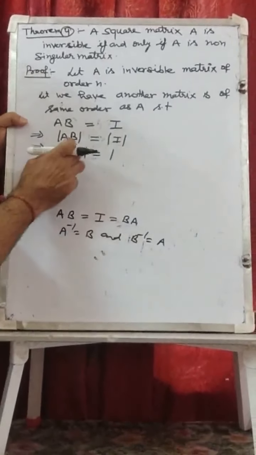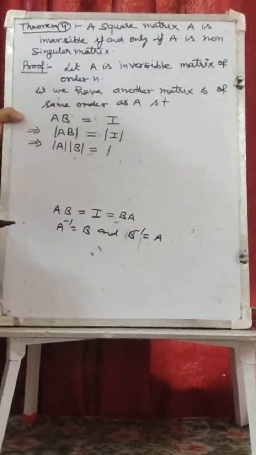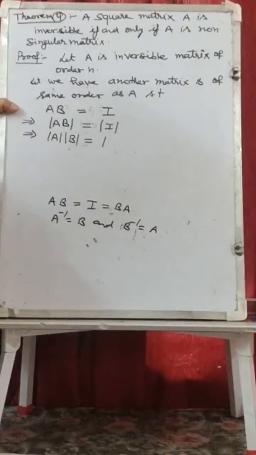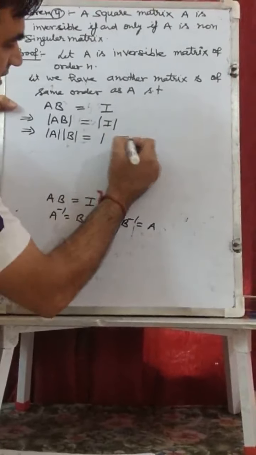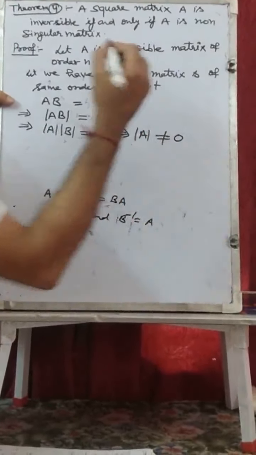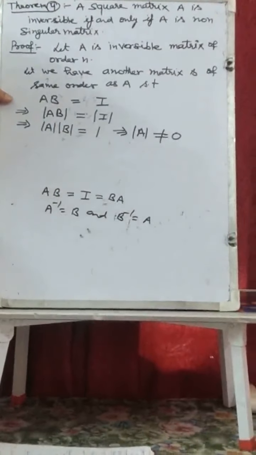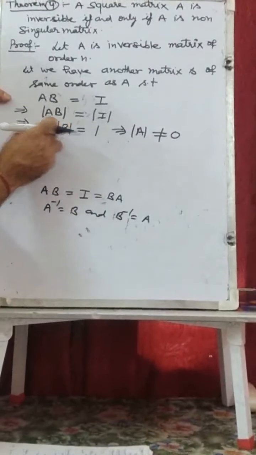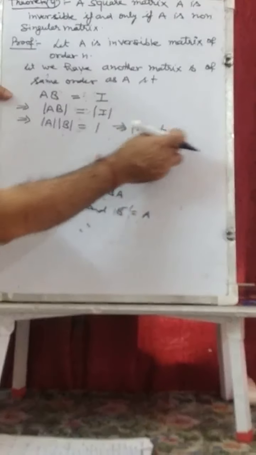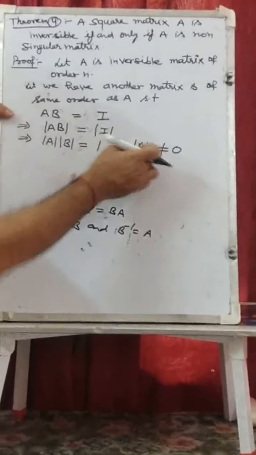Means अगर दोनों की प्रोडक्ट जीरो नहीं है तो दोनों में से कोई भी जीरो नहीं होगा. मीन्स हम यहां से कह सकते हैं, this implies determinant of A is not equal to 0, क्योंकि अगर दोनों में कोई एक भी 0 हो गया तो प्रोडक्ट 1 नहीं आ सकता. So determinant of A is not equal to 0, तो ये क्या देता है?